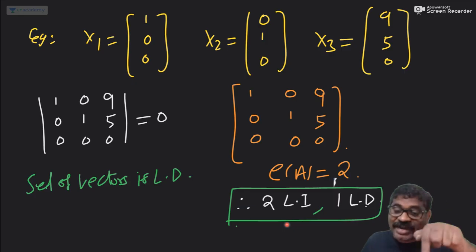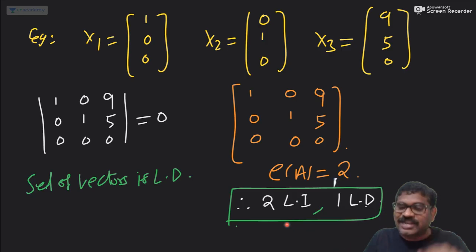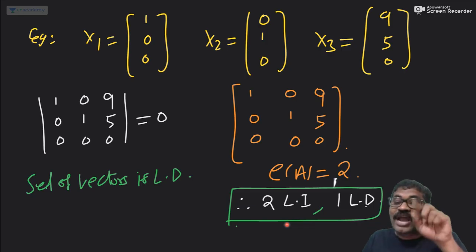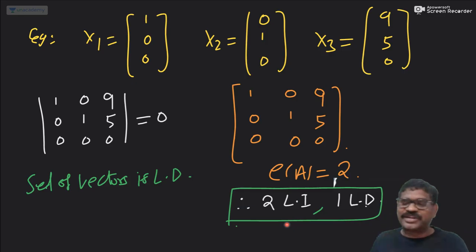Because of that dependency, it becomes a zero row. That I said. But I never said this vector is dependent or this vector is independent. I said rank gives you an idea about how many are independent. Please understand this point.